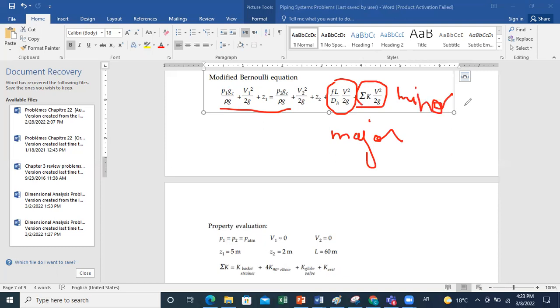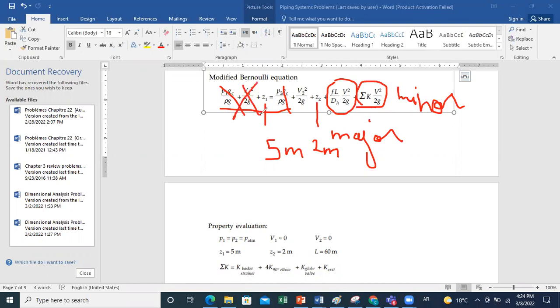Now, the next step is to replace variables by the values we already know. We said that P1 and P2 are equal, so these two terms cancel out. Z1 and Z2 are known. We are using SI units, so we replace Z values in meters. We said that V1 is very small compared to V2, so we neglect it.